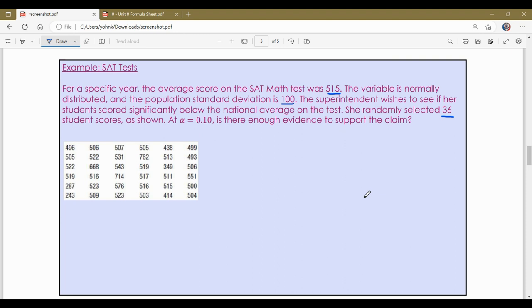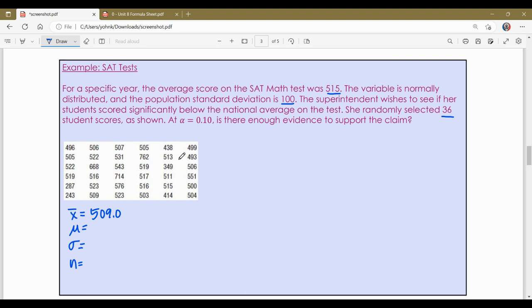Well, we need 4 variables in order to keep going with the problem. We need an X bar, we need a mu, we need a sigma, and we need an N. Well, X bar is going to require me to put all of these into my calculator, which I already did for us guys, and I got 509.0. So I put all of these values into my L1, and then I ran a 1 var stat calculation.